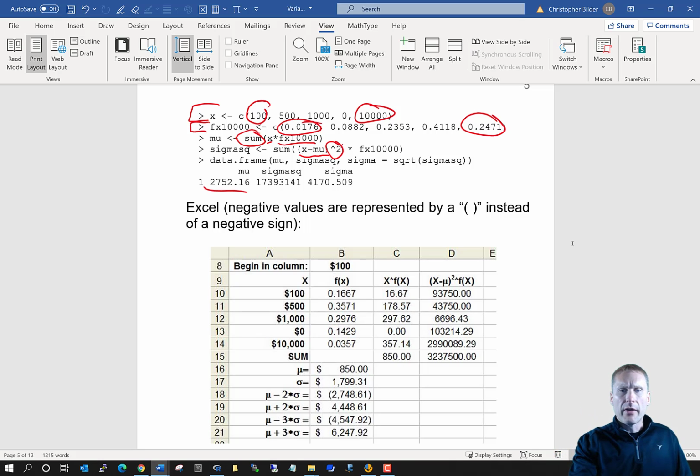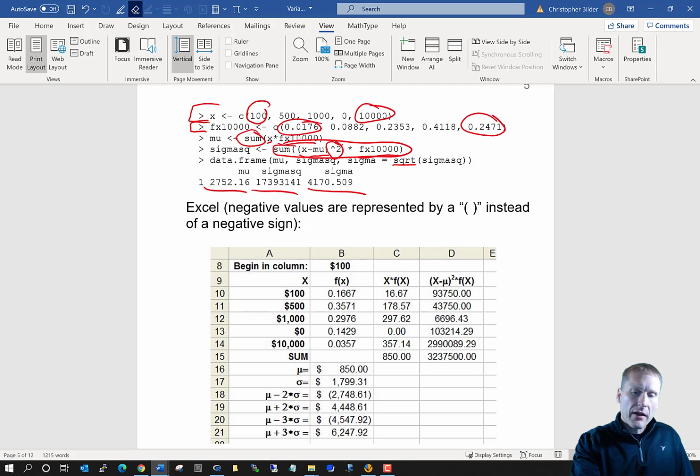I square it, weight it by the corresponding probability, and then I sum all these items up, and I get the variance. Well, I guess it's not in the table itself, but the variance is there. And then the corresponding standard deviation, which is in the table, 4,170 by taking the positive square root.